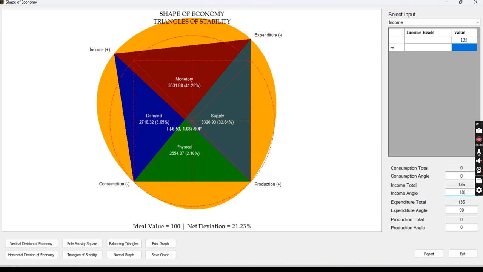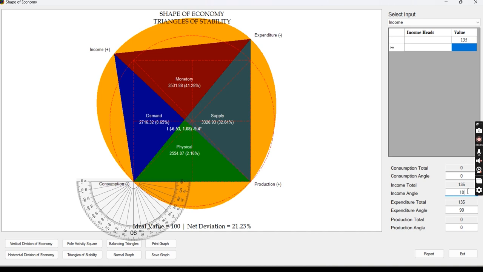You can now put how much change it has caused in the activity of consumption, in terms of physical availability of goods and services consumed by the consumers of that economy. Here you will have to put the angle ruler upside down. This is because the consumption has now to increase the production.